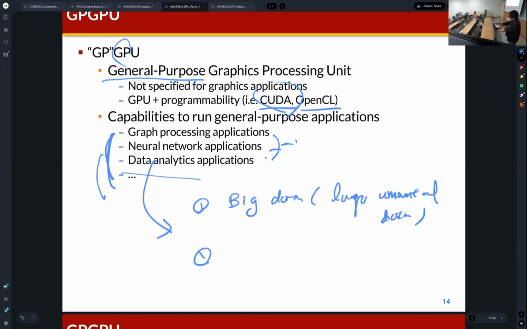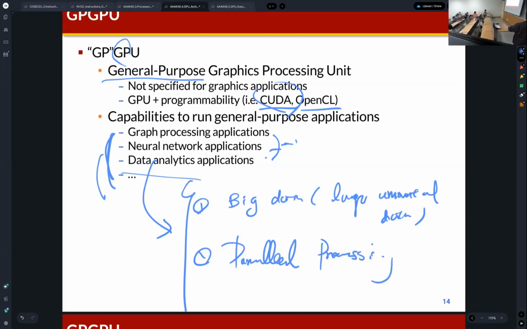Then the second feature is parallel processing. So the GPUs are deployed for a large amount of data, which can be handled by parallel processing. That's why GPUs are co-processors. Okay, they're domain-specific processors, right?